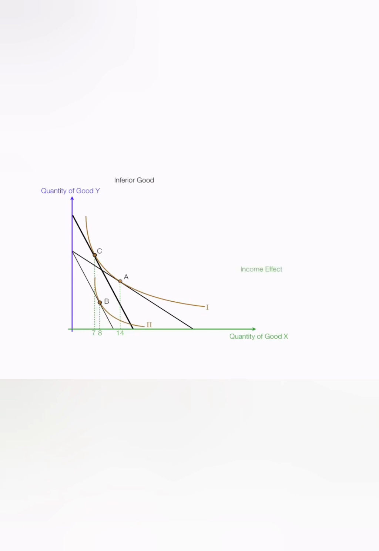The income effect is going to be the remaining distance, or that little distance right there. I'll highlight in yellow. Remember, as income goes down, the quantity consumed of an inferior good goes up.